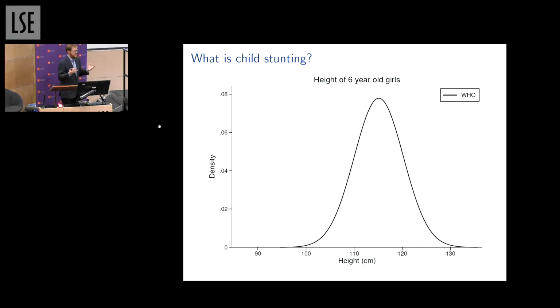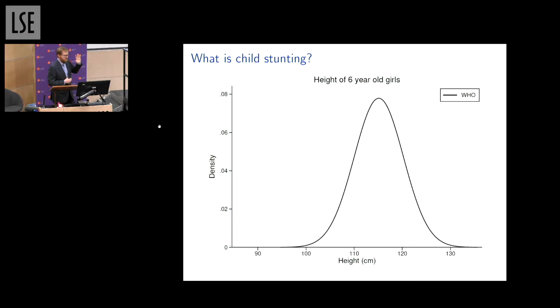But now we need an indicator to understand how child growth is experienced in populations. And this is what child stunting allows us to look at. So I'll walk you through what child stunting is precisely. Here, I'm showing you the height distribution of girls age 6 in the WHO standard.